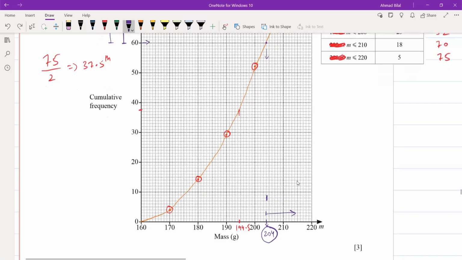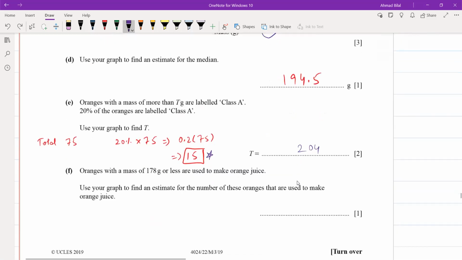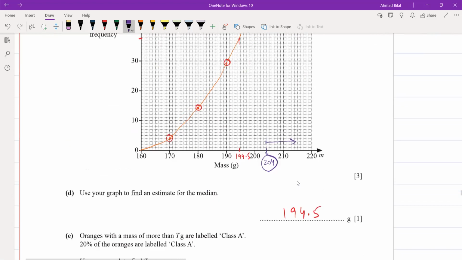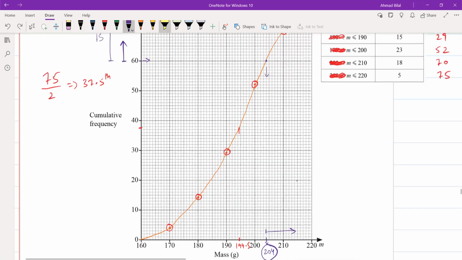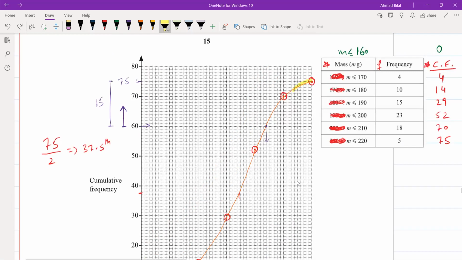We have to look at what is given. What was given was 20% of the oranges. What is 20% of the oranges? That is 15. But then we are looking at the top 15 oranges, right? Because we are talking about more than t grams. So we're looking at the upper part of the graph, from the upper side of the graph we are looking here. And how far does it have to come?